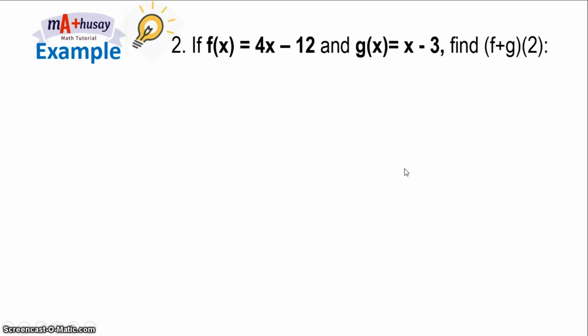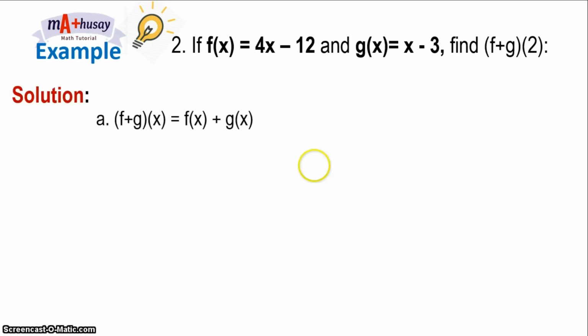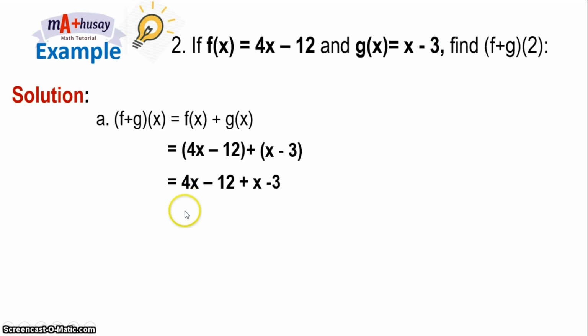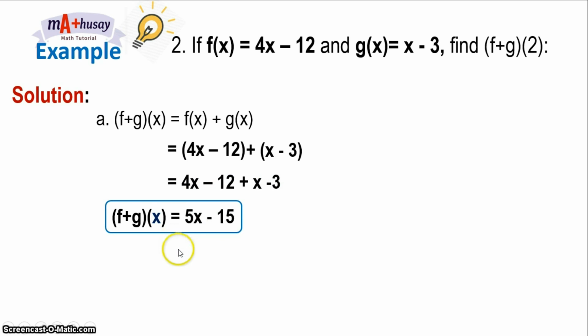So, let's start by adding f of x and g of x. So, again, i-add lang natin ang 4x minus 12 sa x minus 3. Kapag in-add natin, so that will be 4x minus 12 plus x minus 3. Combining like terms, you'll have 5x minus 15.